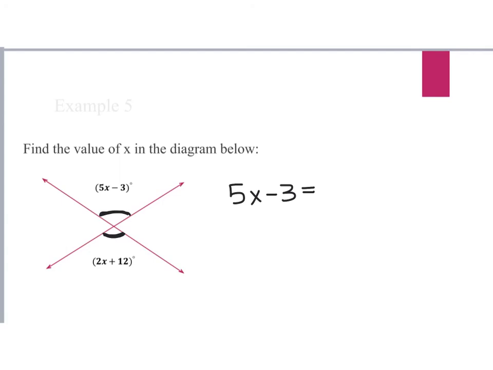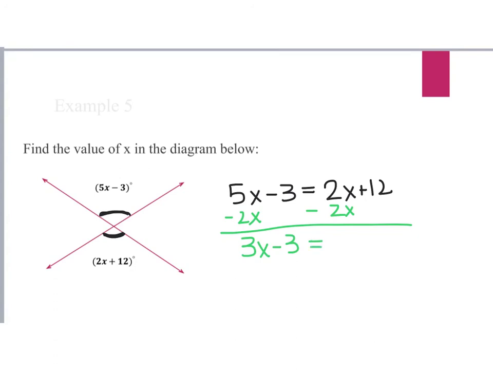So I have 5x minus 3 equals 2x plus 12. And then now I'm just going to go about solving it like I would any other algebraic equation. So if I subtract 2x from both sides, this is going to give me 3x minus 3 equals, these are going to cancel, and I'm left with 12 over there.